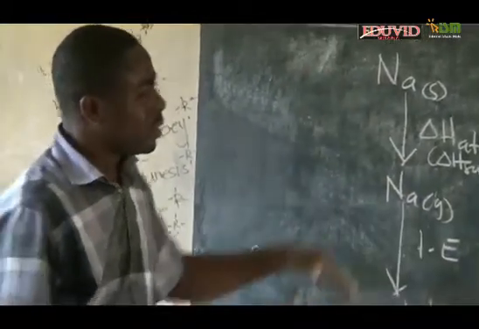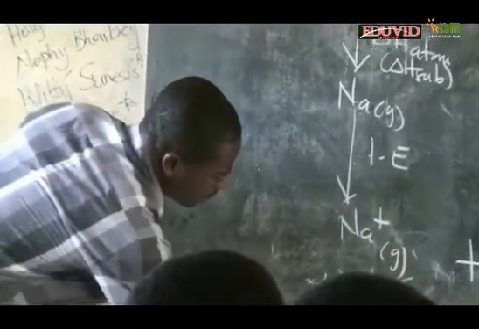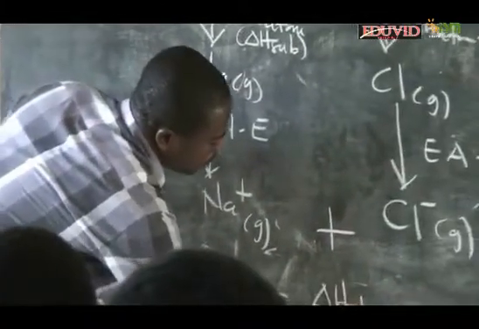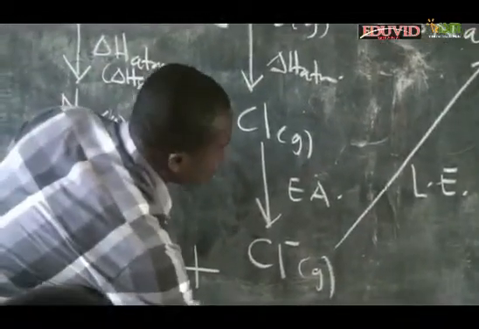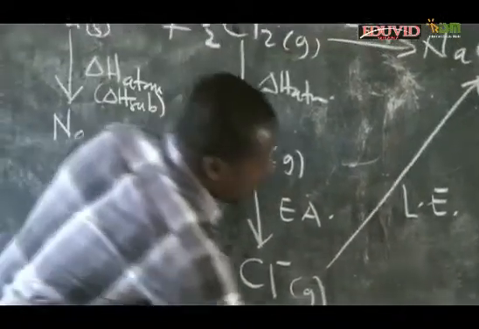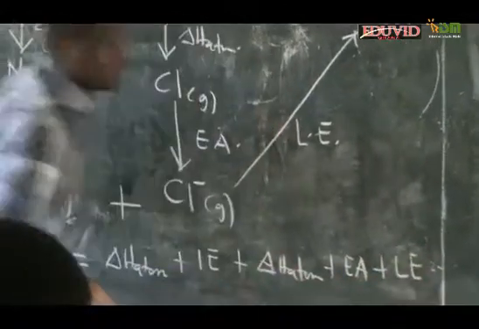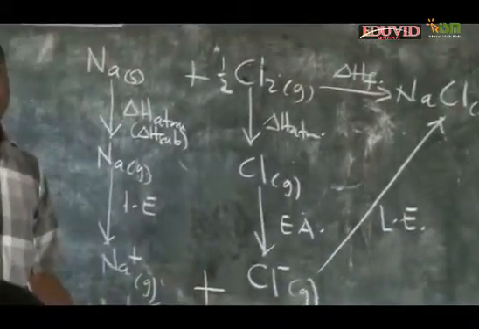Which means that if you take it all to the subsidiary steps, the enthalpy of formation, delta H formation of NaCl, should be equal to enthalpy of atomization plus ionization energy plus another enthalpy of atomization for the chlorine plus electron affinity plus lattice energy. Now this energy value should be given to you, so you just put them in and work it out.